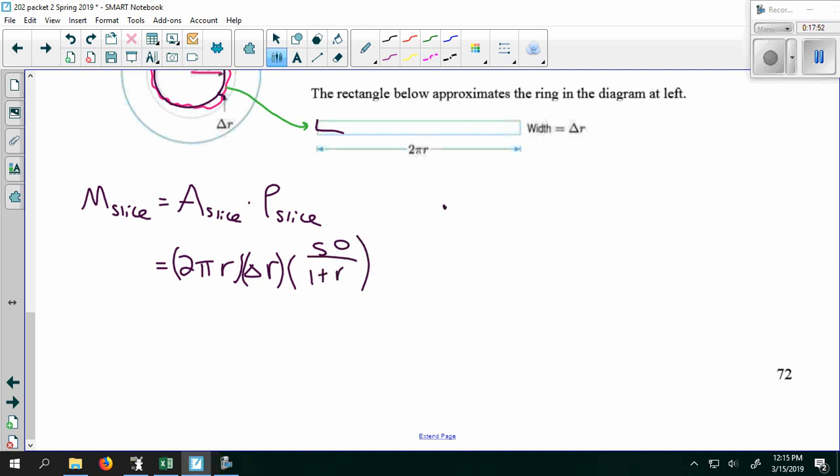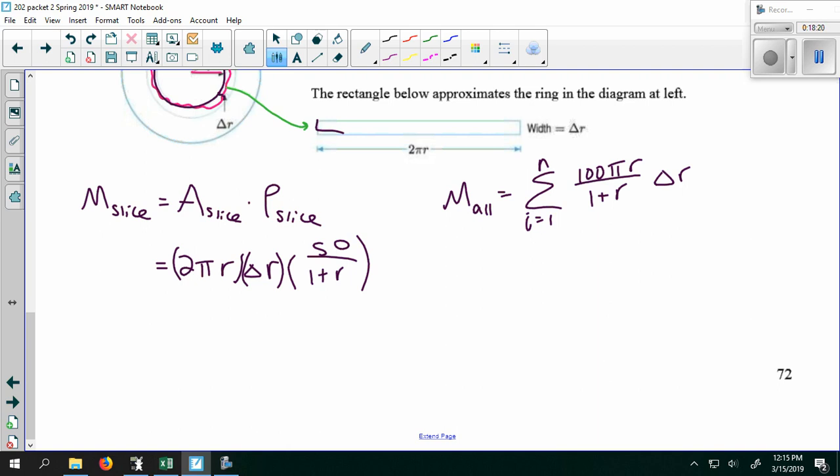So then the mass of all my slices is just a sum where I add up a bunch of these, n of them, and each slice has the density formula for mass 100 pi r over 1 plus r delta r. I just multiplied the 2 pi times the 50 there.